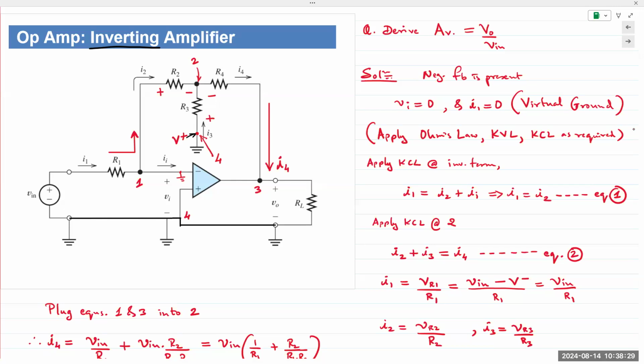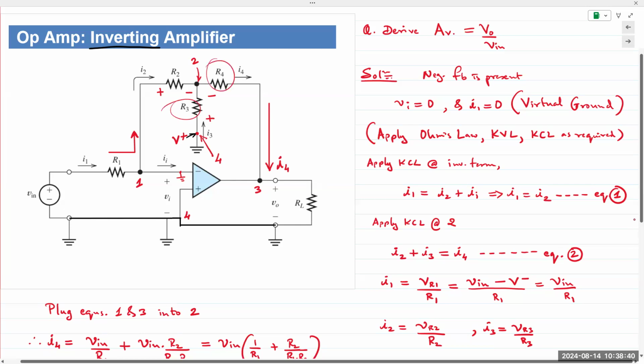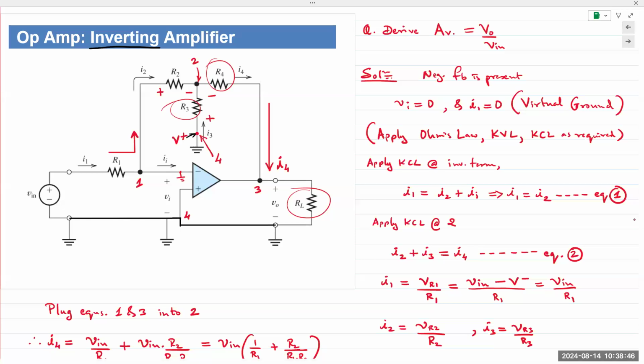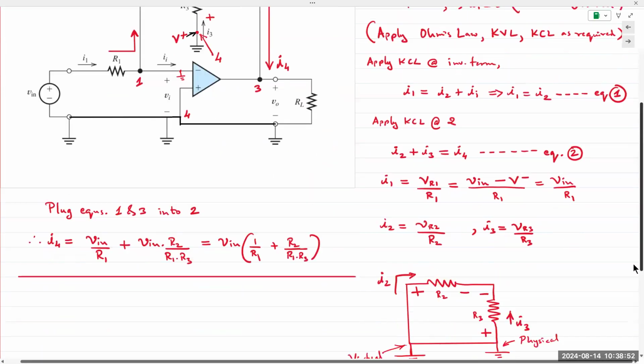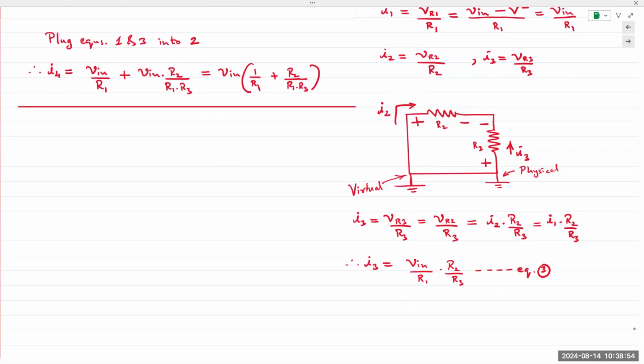And so RL and R3 kind of form a loop. So if I wished, I can draw a loop simply consisting of R3, R4, and RL. That is because R3 is connected physically to ground. So let's go ahead and do that. So if I was to draw that circuit, I would have.